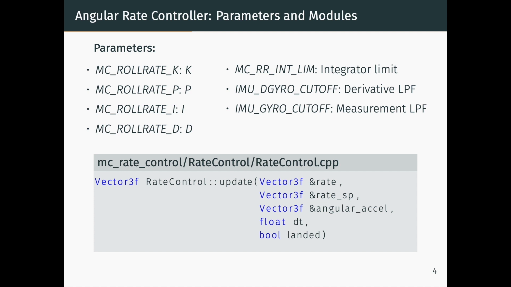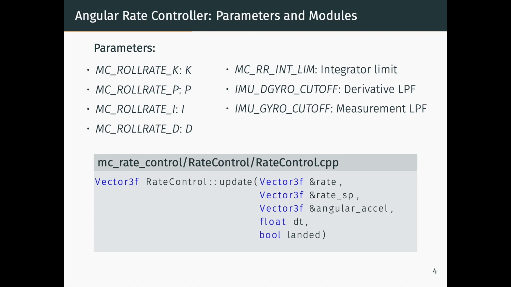I would also like to point out another filter adjusted by the IMU gyro cutoff parameter. This filters the angular velocity measurements before they are received by the angular rate controller. The values being filtered on the derivative path have actually already been filtered by the IMU gyro cutoff filter.